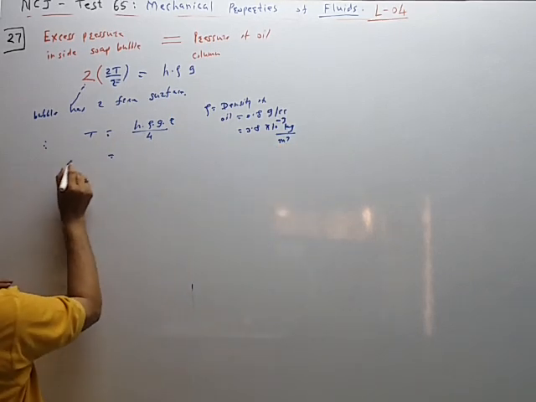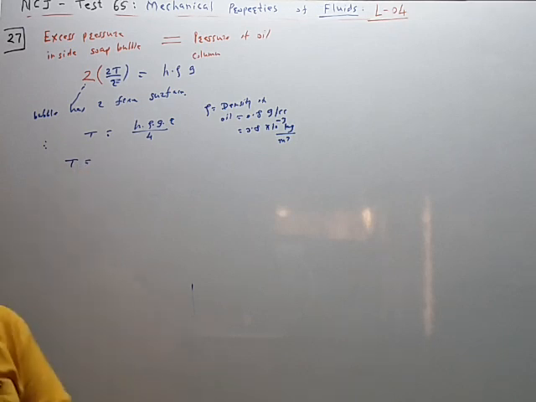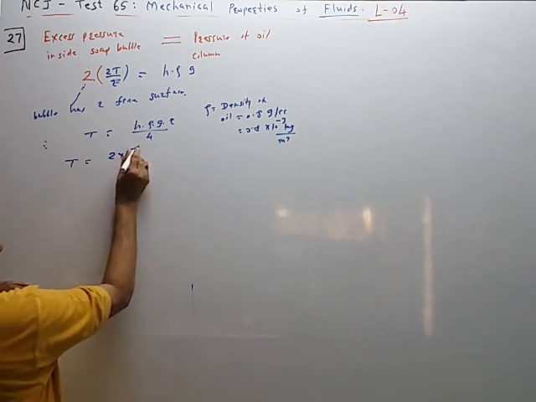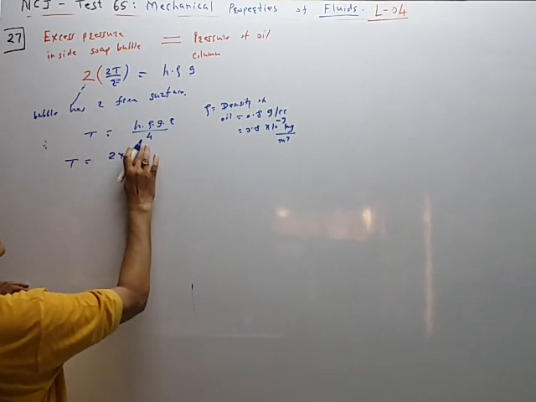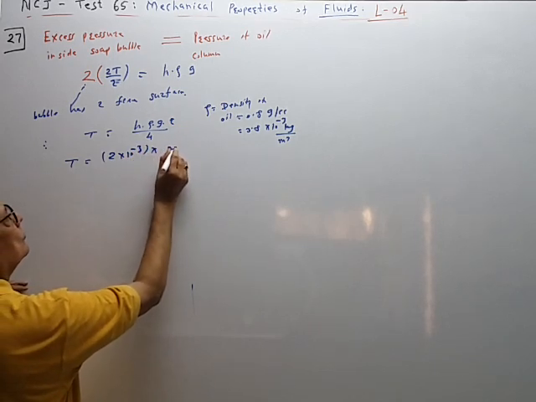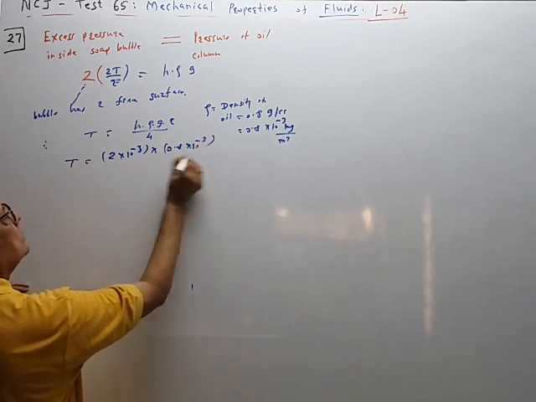So substitute here. T is equal to height of the column, which is 2 millimeter, so 2 into 10 raised to minus 3 meter. Density is equal to 0.8 into 10 raised to 3.